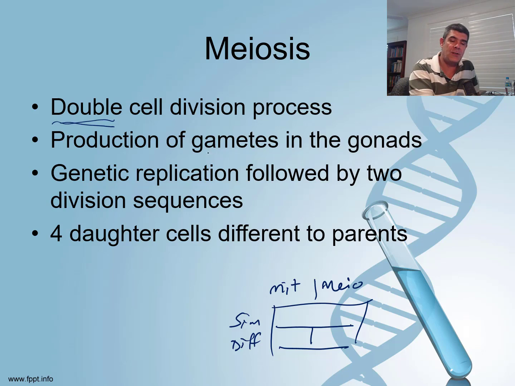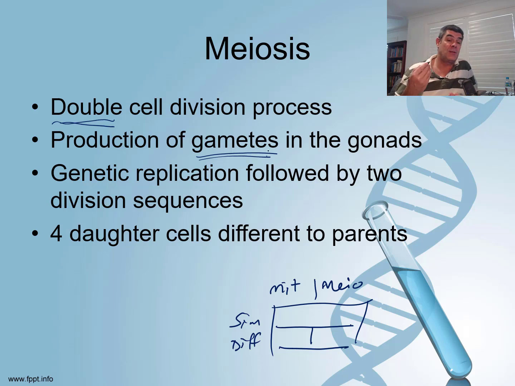It is specific to the gonads, and it is for the production of gametes. In this video, we will also look at the differences between oogenesis, the process of producing eggs, and spermatogenesis, the process of producing sperm, because there are a few additional differences associated with meiosis for those two different purposes.